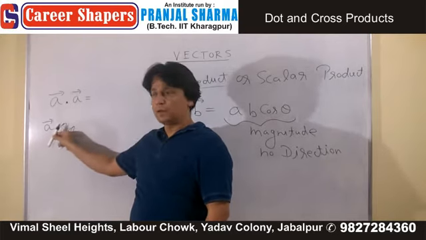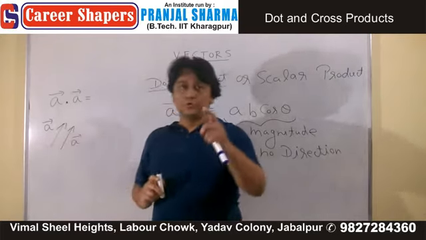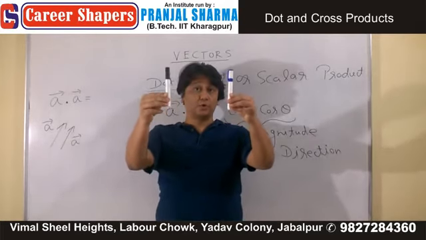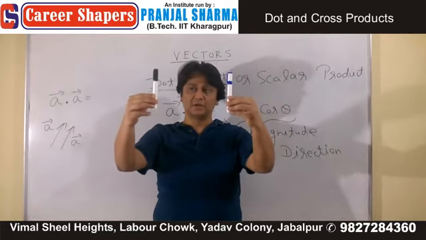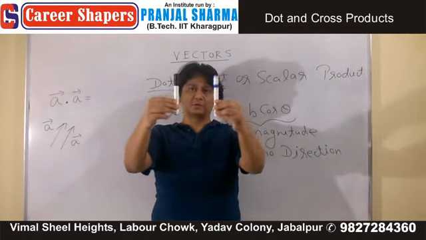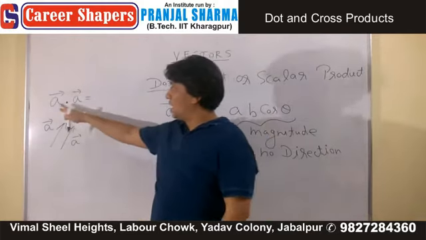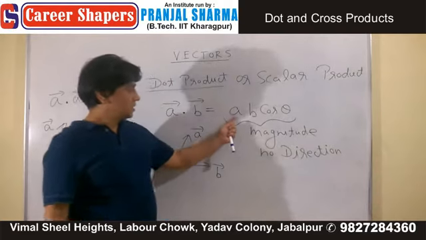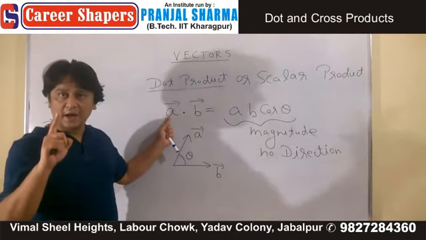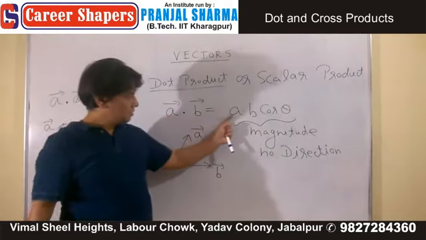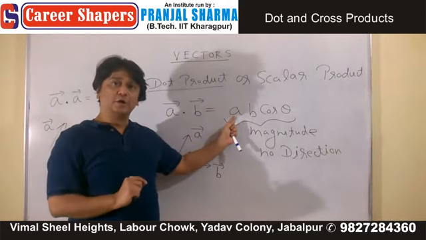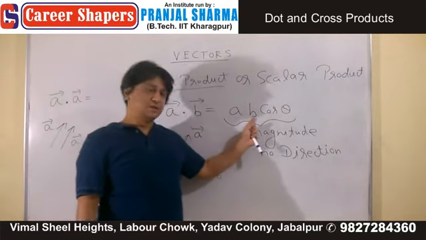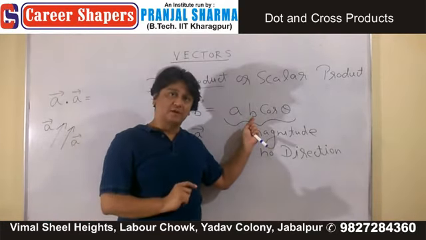Vector A, vector A. If they both are parallel because they are the same vectors, then what is the angle between the vectors? 0. How do you open the dot product? This is vector A. What is this? Magnitude of vector A. This is vector B. What is this? Magnitude of vector B.